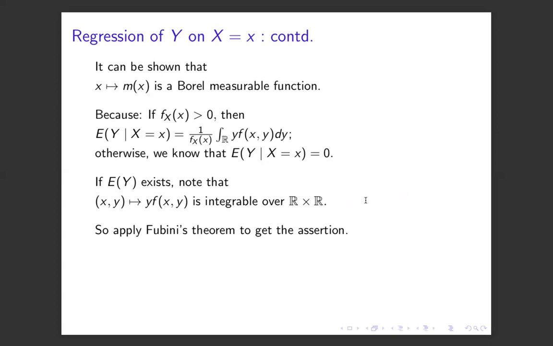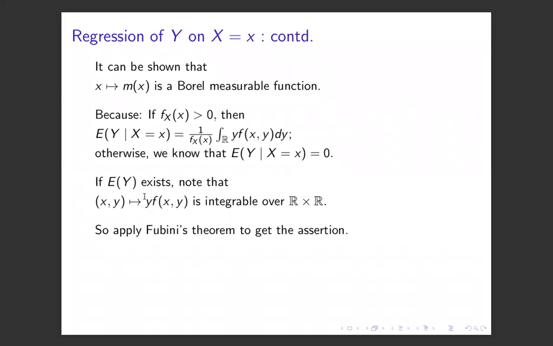Fubini's theorem tells you that if it is an integrable function, that integral over R^2 is basically the integral with respect to x and then the integral with respect to y over R, or the other way around. That is not the only function of Fubini's theorem.